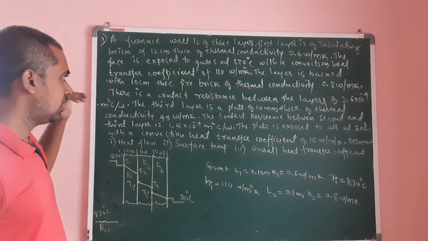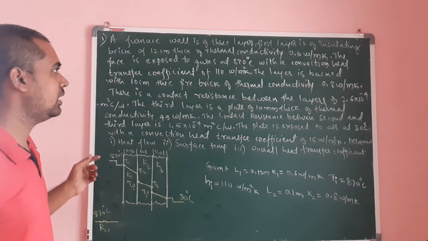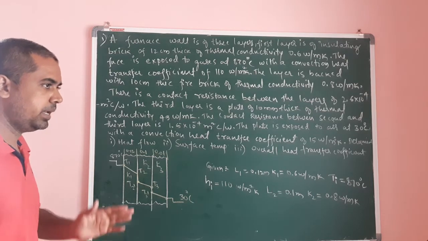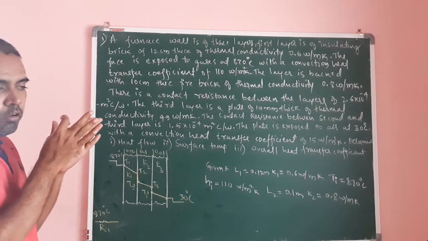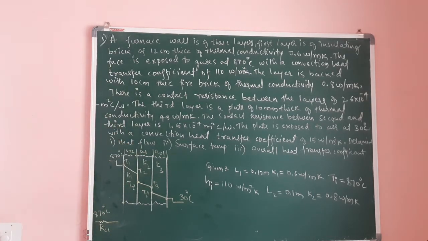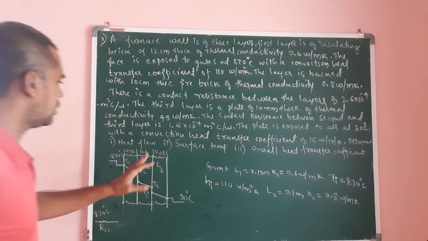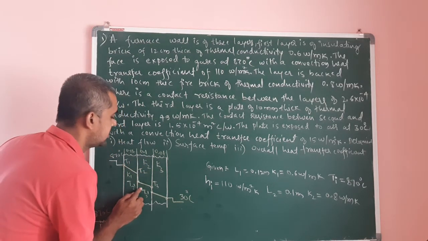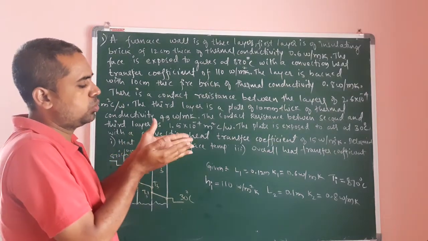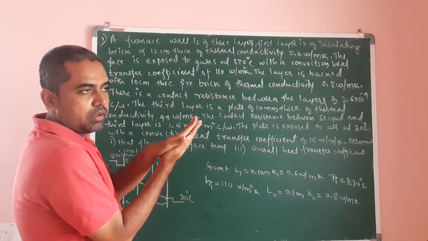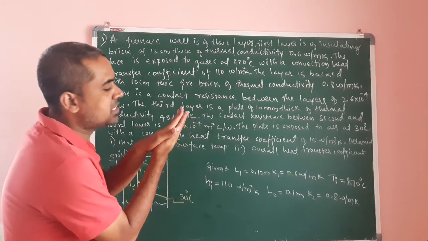There is a contact resistance between the layers. Okay, this is one of the new concepts. Means when there are two layers, this is one layer, this is the second layer. When there are two surfaces which are joined together, there will be some air gaps.